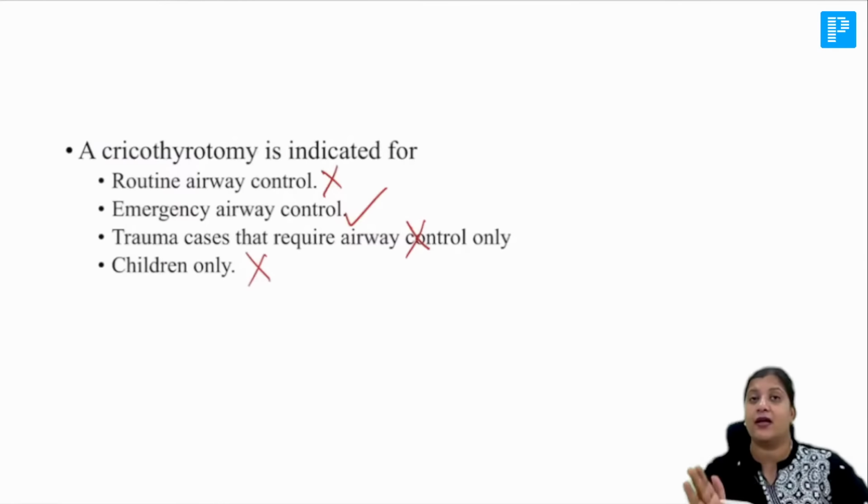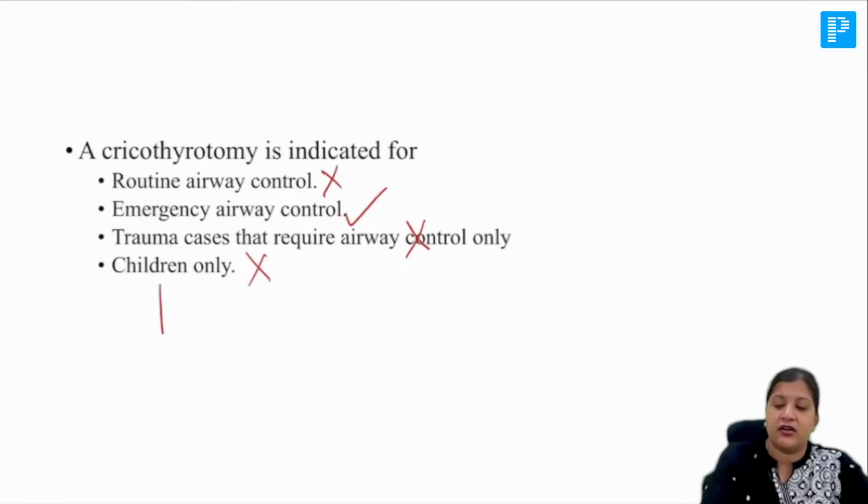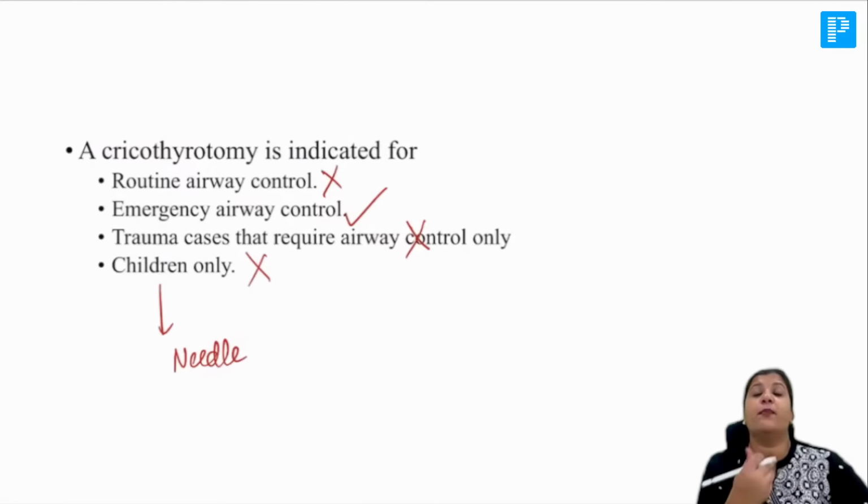It can be done in children of less than 10 years of age also, but there is a difference. In children, we do a needle cricothyrotomy. In adults, we put a proper cricothyrotomy tube. In children, we do not insert a tube. We just put a needle and get access to the airway. So can it be done only in children? No, it can be done in children and adults, but in children, it is done with the help of a needle.